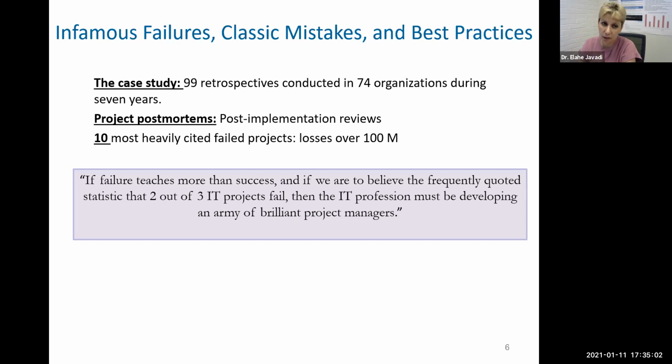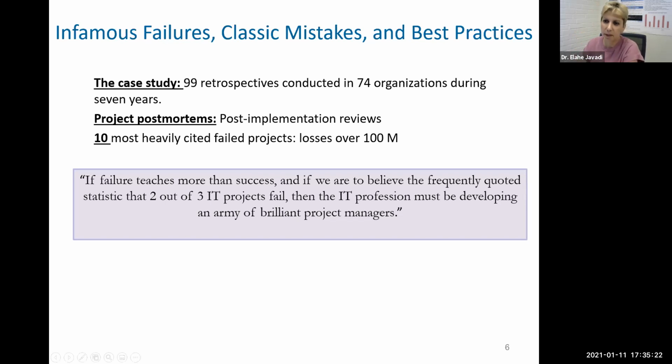So they say failure teaches more than success. And if we do believe the frequently quoted statistics that 2 out of 3 IT projects fail, that's the number we just saw earlier, the rate of success was 30%, then the IT profession must be developing an army of brilliant project managers.